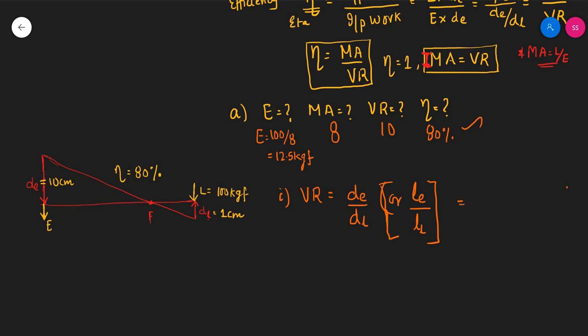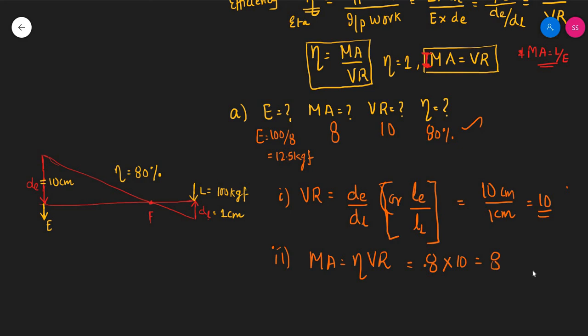So this is clearly given to you. This is 10 centimeters by 1 centimeter, and that's equal to 10. Second, your mechanical advantage is given by efficiency times VR, and that's equal to 0.8 into 10, which is equal to 8.